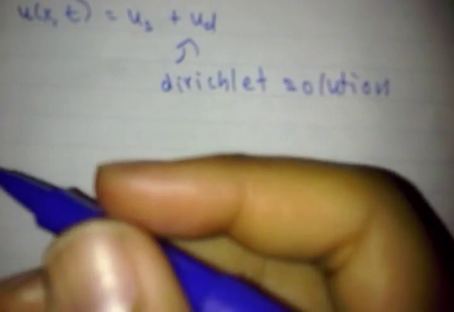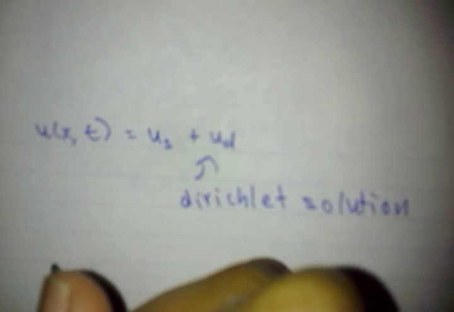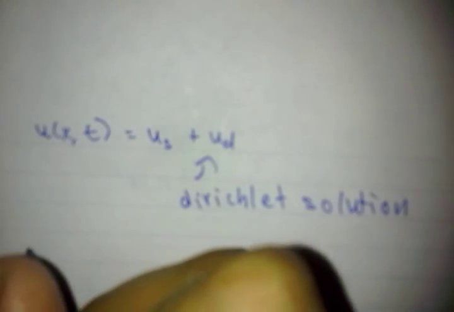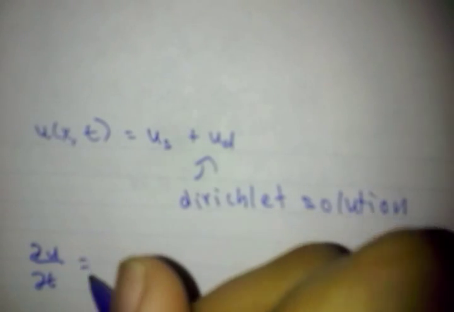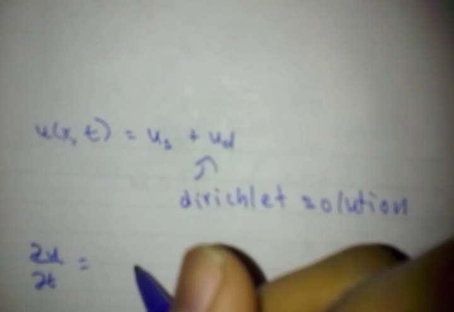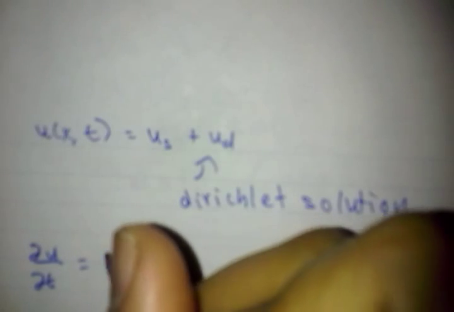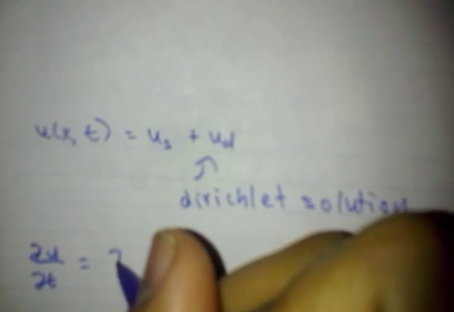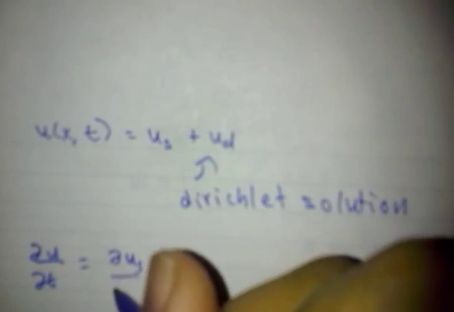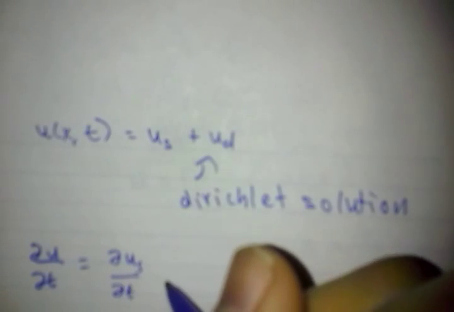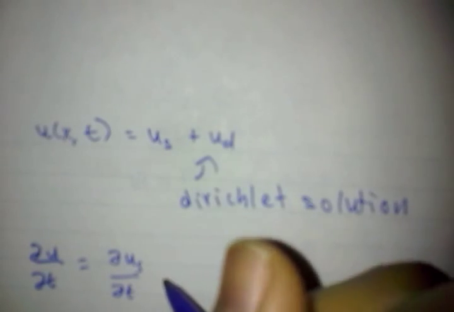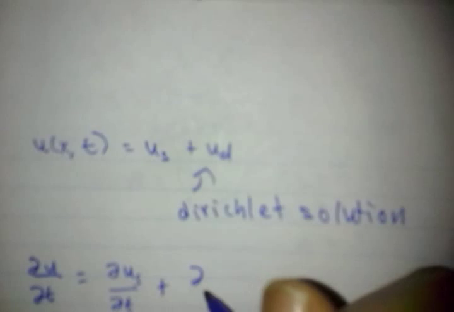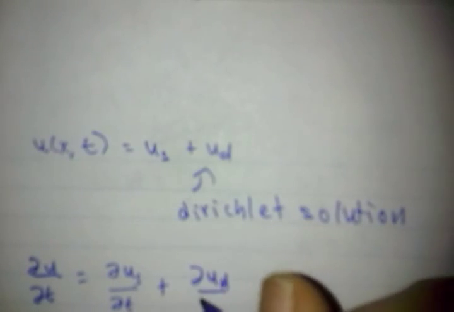And so what's true of it is that if we take the derivative of this, then we get the partial derivative with respect to t of u is equal to u sub s t plus u sub D t.